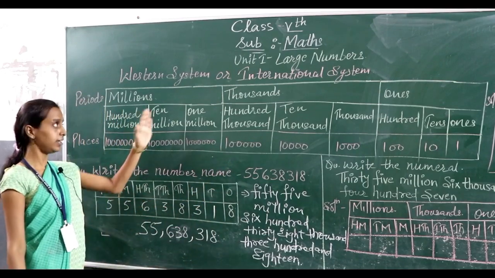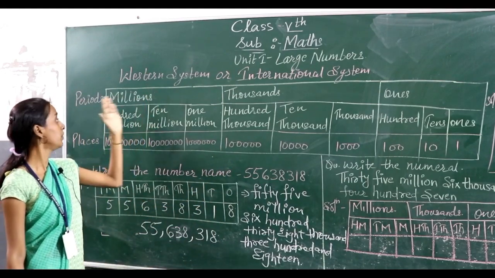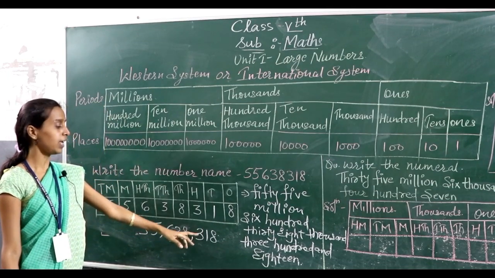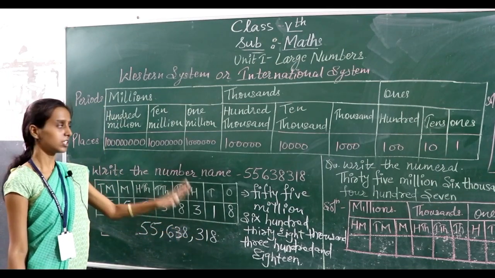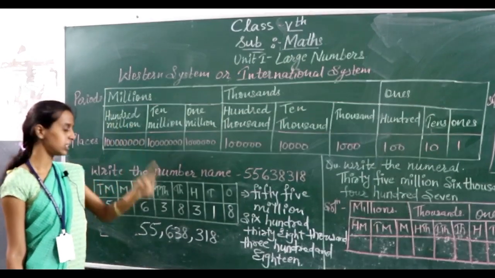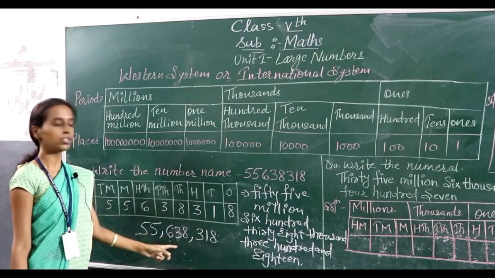Okay, so in the international system or Western system, each period is separated by commas after every 3 places. Just like in the Indian system, we separated every period by commas in 2 places, here it will be separated by 3 places.